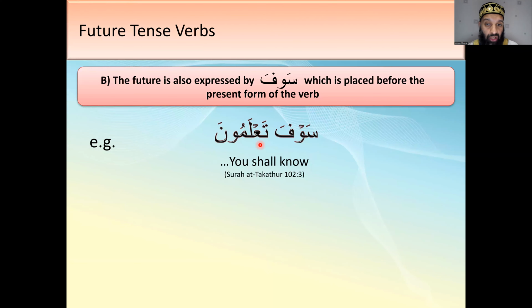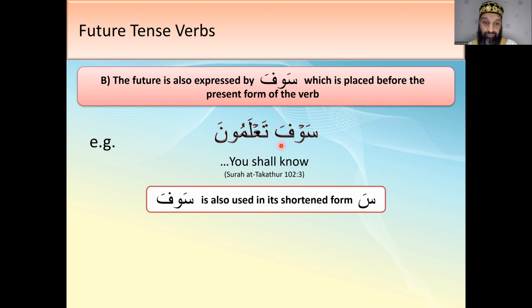So you shall all know. So sawfa coming in front of a present tense verb makes it into future tense. Ta'lamuna by itself means you all know. Sawfa ta'lamun, you will all know. You shall know. So sawfa is the second way to tell if a verb is future.